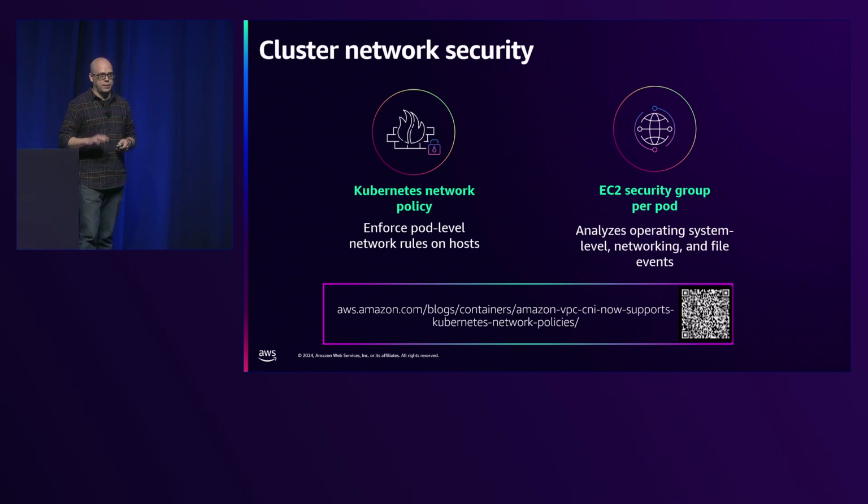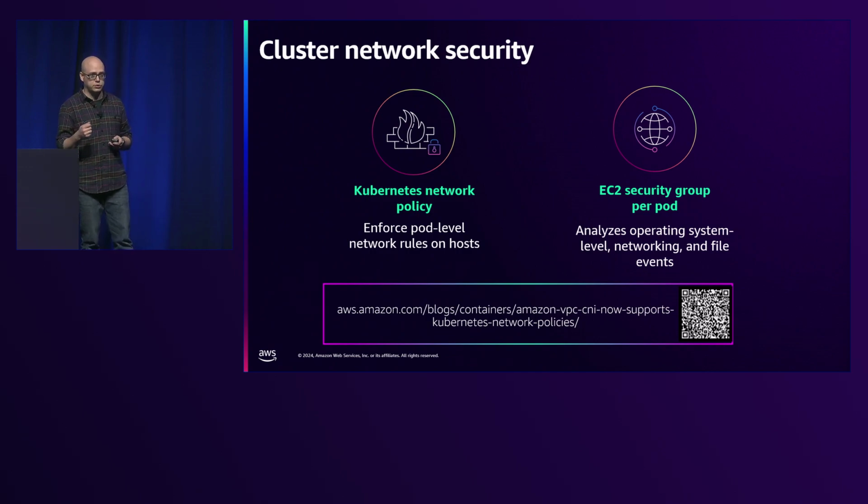Another aspect to talk about in terms of the cluster security is really about cluster network security. So you have applications running on containers and pods in your cluster, right? There's two main configurations that you have here. The first is to take advantage of Kubernetes network policy. This is part of Kubernetes as the interface, and then powered by the AWS VPC Container Network Interface, or CNI plugin. You can define rules in the Kubernetes API that say, I want to let pods in this network namespace talk to pods in this other network namespace.